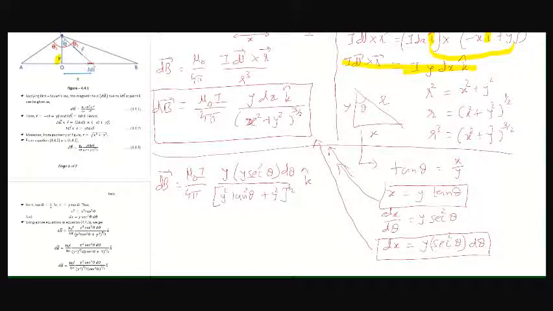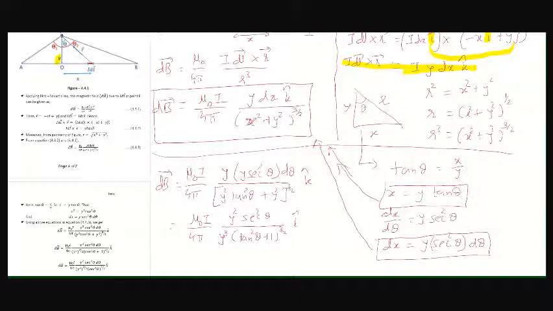Simplify further, so what you'll have: mu 0 I by 4 pi, y square sec square theta upon y cube, tan square theta plus 1 raised to 3 by 2.